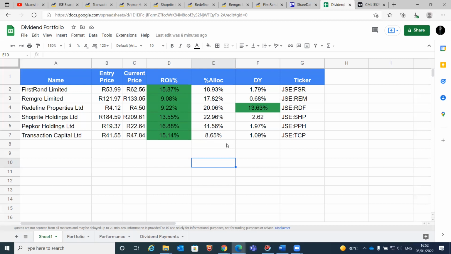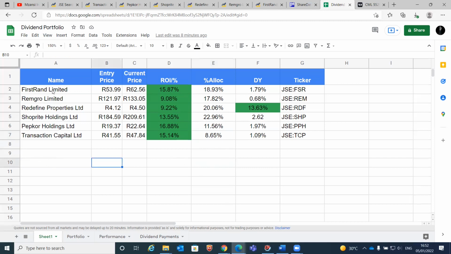For some companies, I bought a lot more shares at the beginning, and then I had to trim some of the positions so that I could adjust and add into other companies. But this was the last buy, Transaction Capital. That is why it has a low percentage capital allocation. That was because whatever I had budgeted at that particular time, we had exhausted those funds.